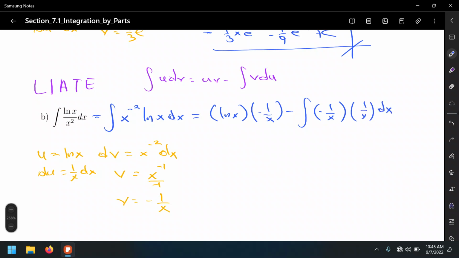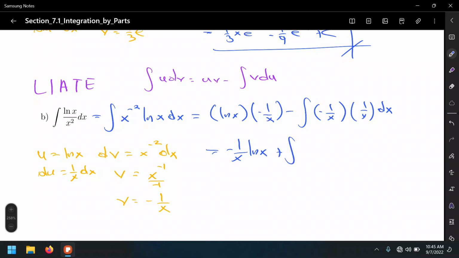So first of all, before attempting to compute this integral, let's clean up the parentheses, let's clean up the negative exponents and the like, alright? So number 1, I'm going to write this negative 1 over x in front of the ln x to make it look like negative 1 over x times ln x. And this one is going to be negative times a negative, which will become a positive.